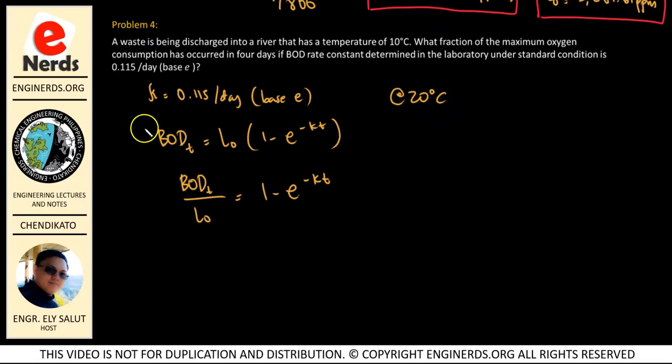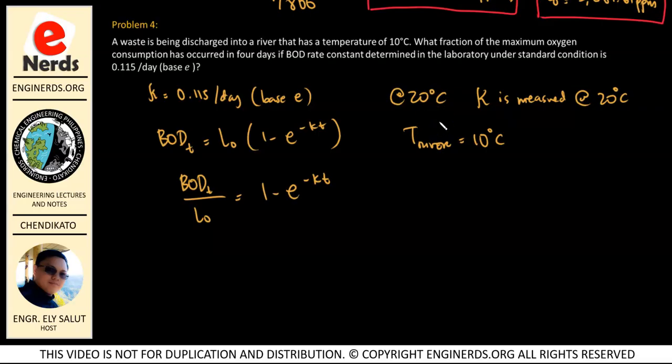So that means our K here is measured at 20 degrees Celsius. But it will be discharged in the river where the temperature is equal to 10 degrees Celsius. So iba yung K value niya, no? Dahil itong kinek natin sa laboratory is 20 degrees Celsius, samantalang yung river naman is 10 degrees Celsius.